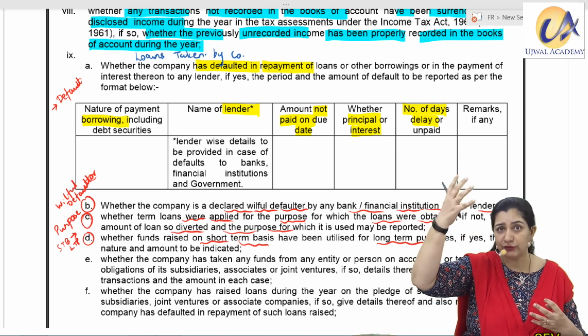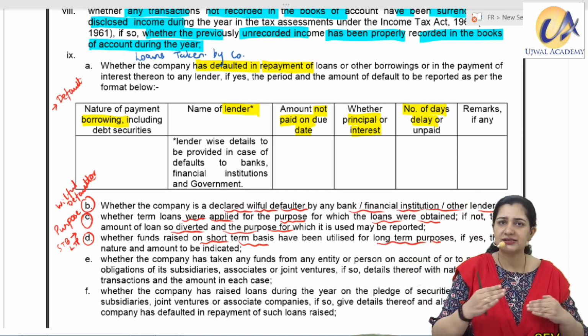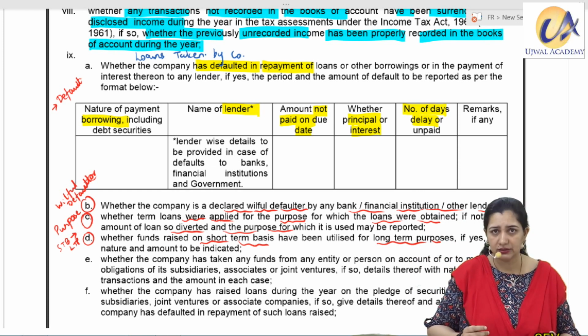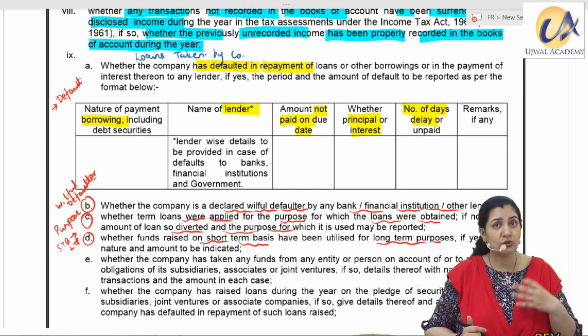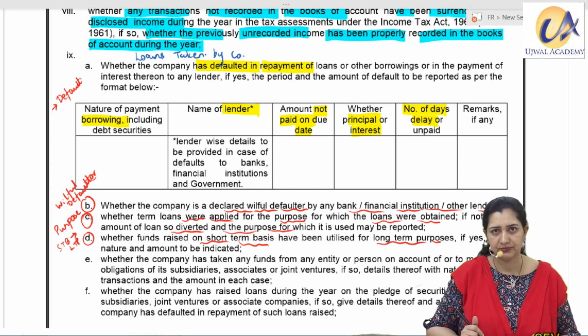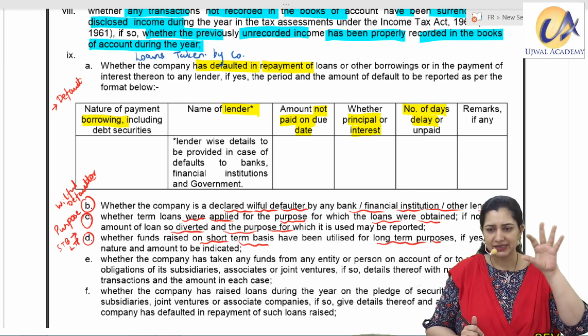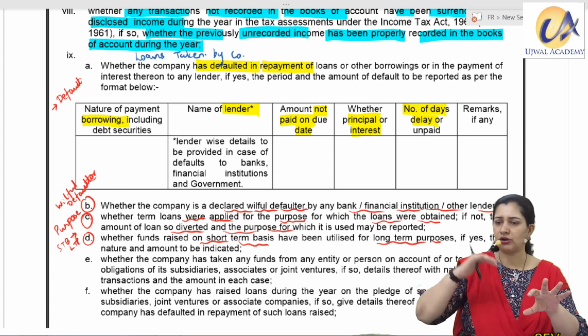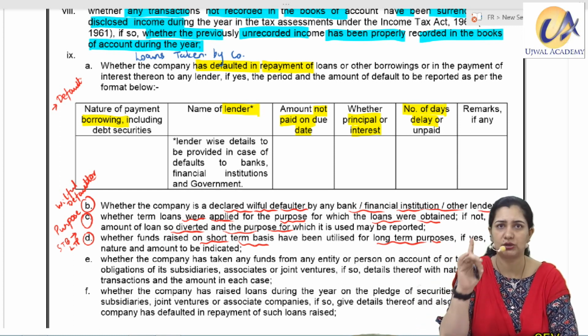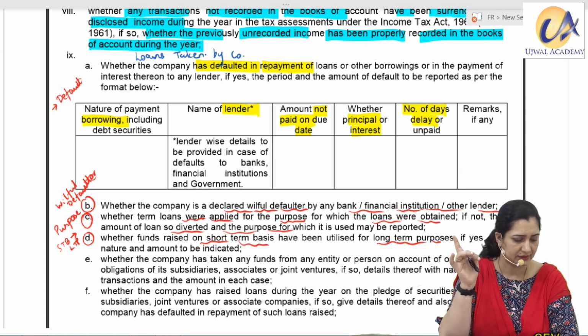It will take some time for them to give you returns. So you are disturbing your entire working capital cycle. So it is not a good sign. This also could indicate going concern issues. That's why if any short-term borrowings are used for long-term purpose, you will have to report about it. This is about the application of funds.